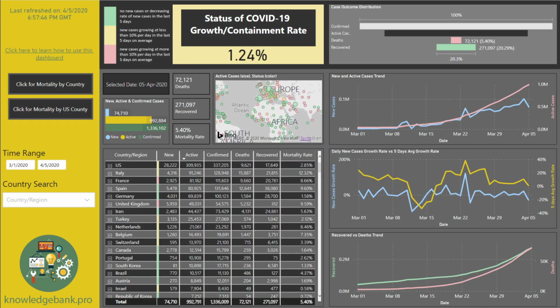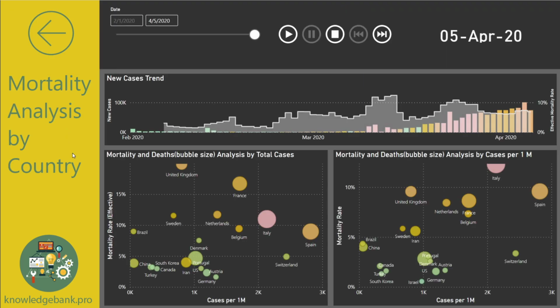Before I look into the county cases, I wanted to make one salient point. Note that countries with the highest mortality have a high number of cases per 1 million, generally speaking, right? We could look at this cutoff point here and see the Netherlands, France, Belgium, Italy.